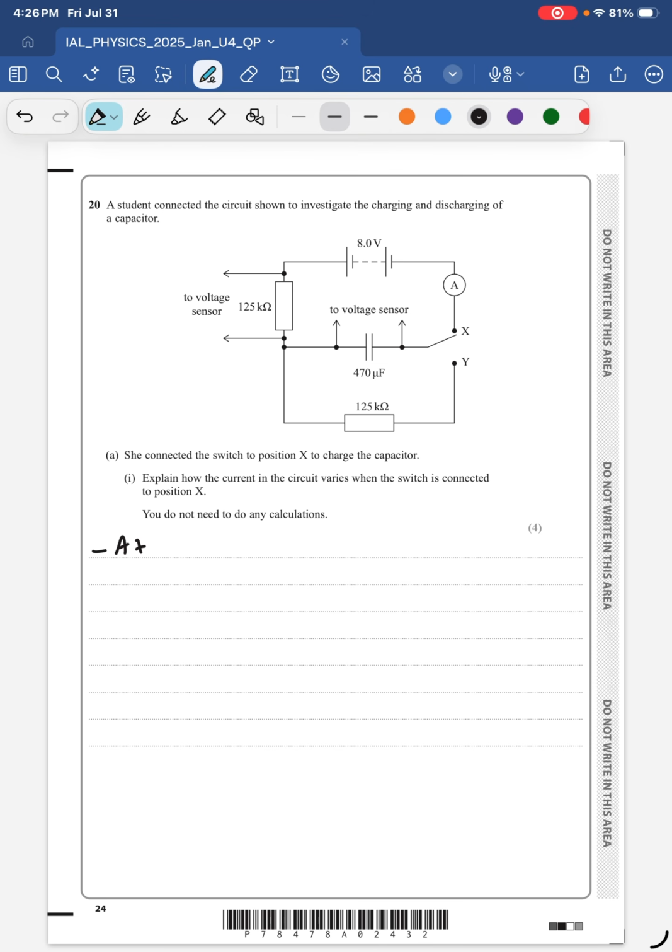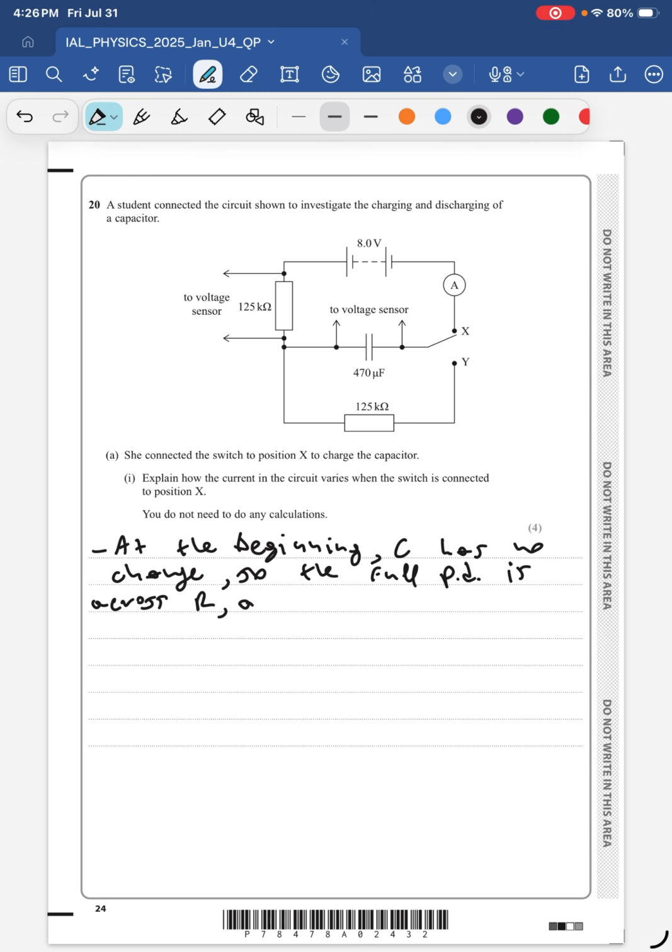So at the beginning, C, the capacitor, has no charge. So the full potential difference is across R, and I is maximum, the current is maximum.